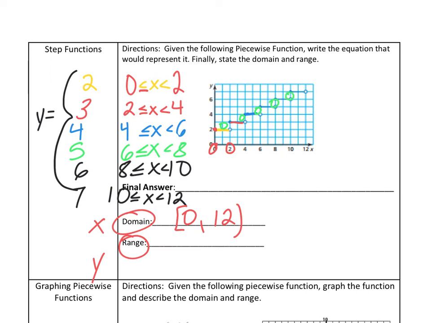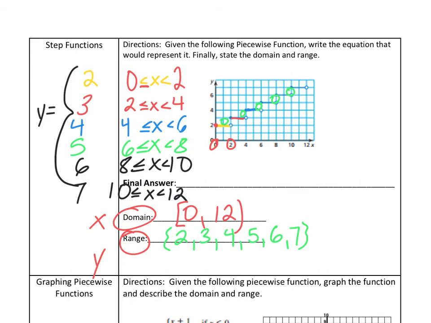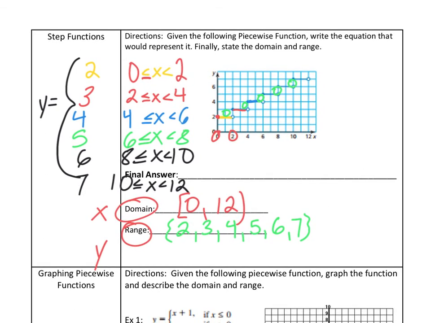So how we would write this is just like this. 2, I'm also defined at 3, 4, 5, 6, and 7, right? So I'm just going to write those together, just like that. Questions on that? Step functions aren't too bad.